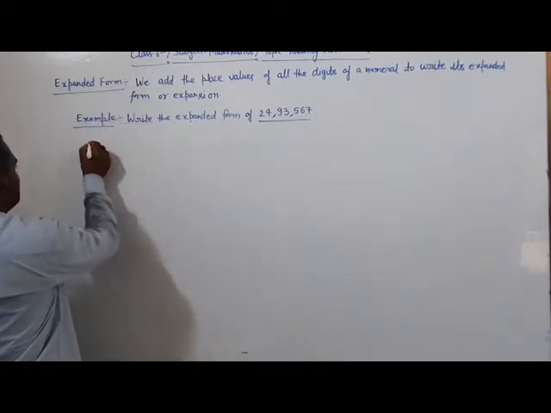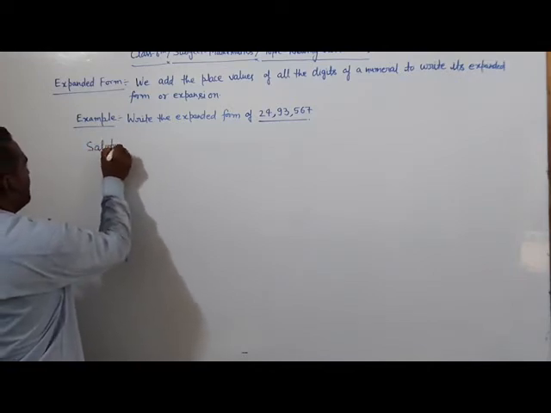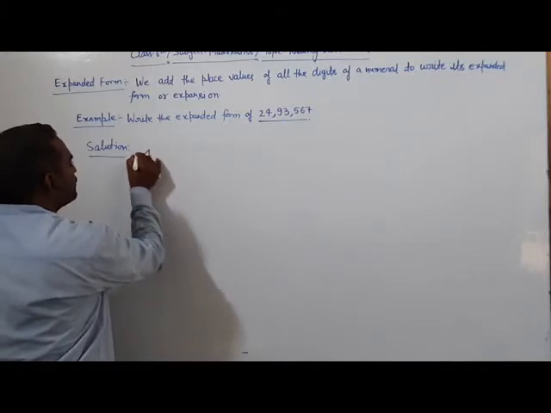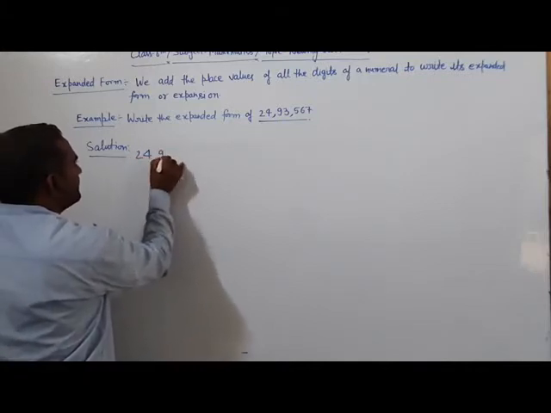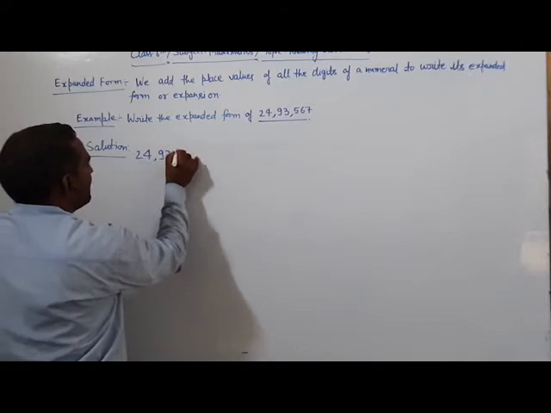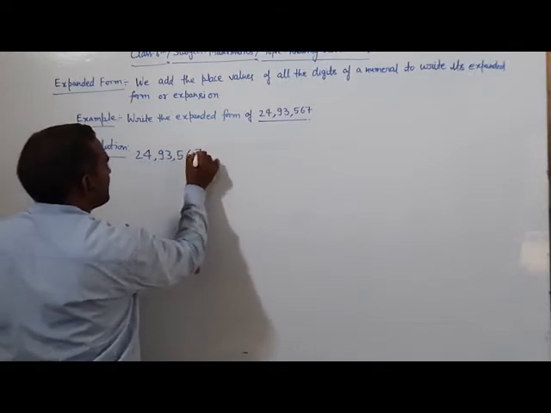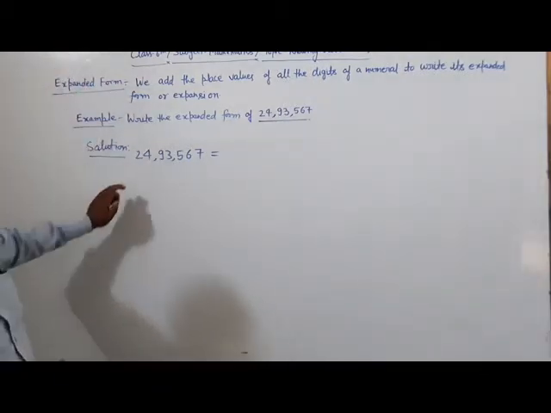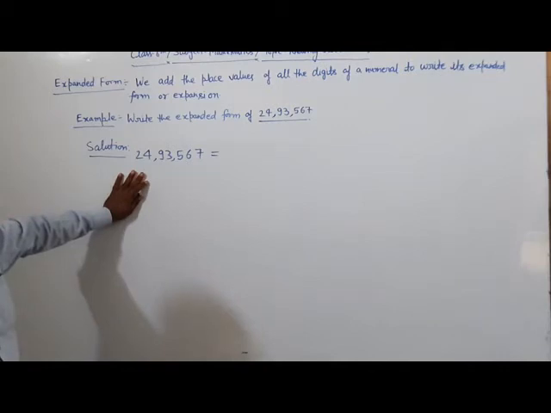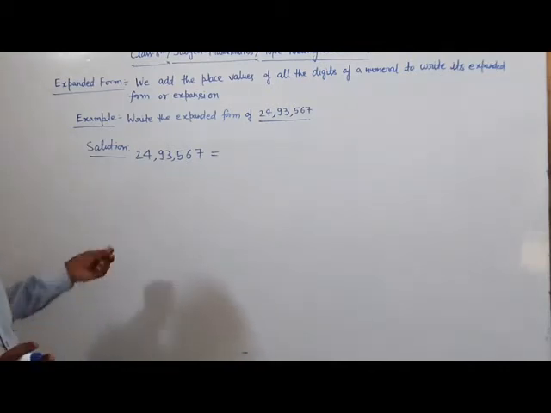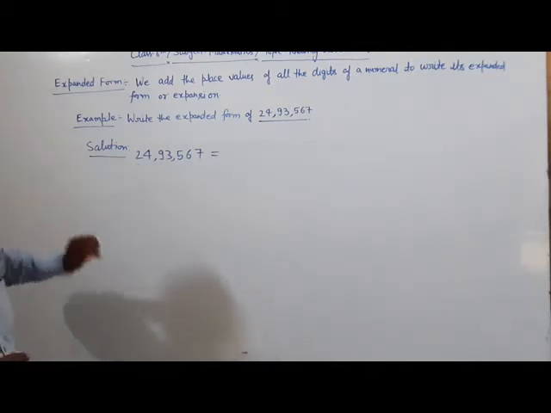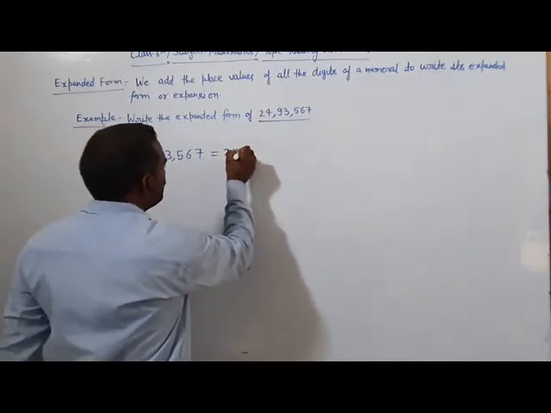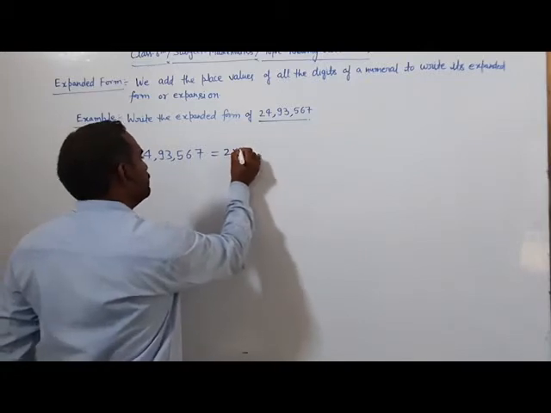Solution. Number is 2493567 equal to. First of all we have to write the place value of every digit and add. So we start from the left, 2 into 1.